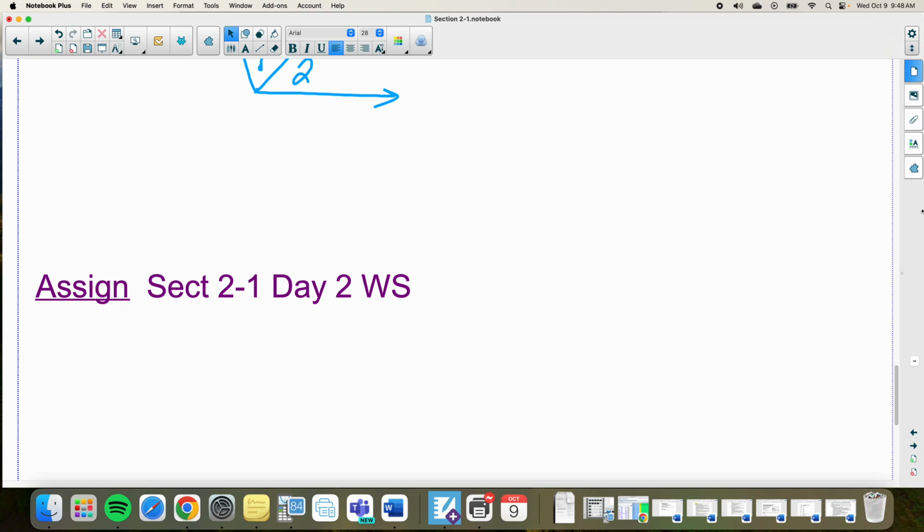And I have a paper key that I'll set up here, as well as the key I believe is in Schoology if you wanted to pull that up. So it has some from each section that we did. So you don't need a piece of paper today, you'll just write right on the worksheet.